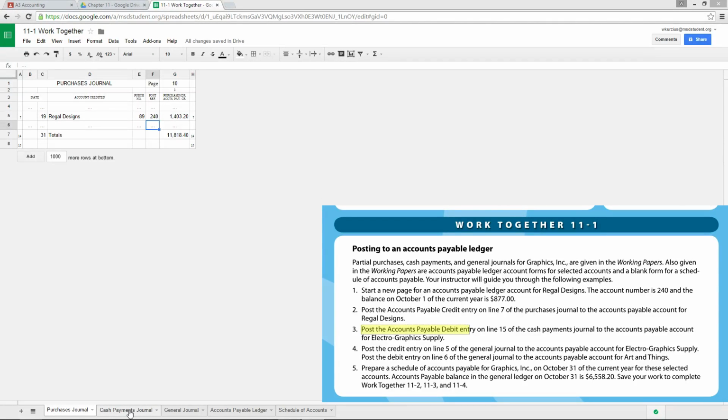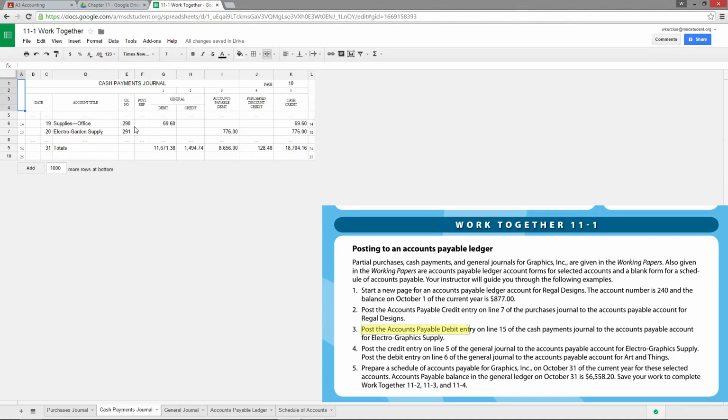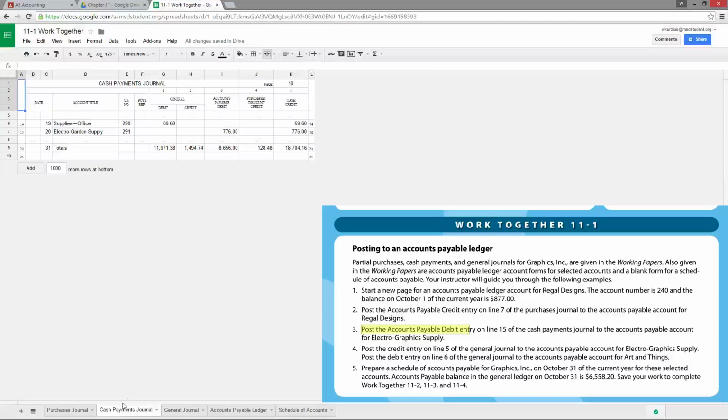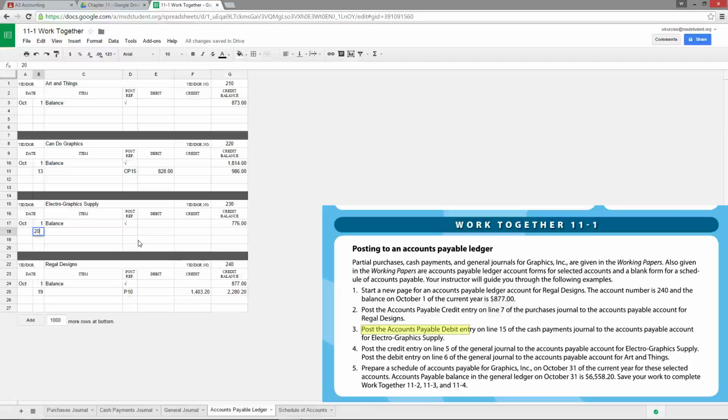So cash payments journal, line 15, Electro Garden Supply, $776 debit. This was on the, I don't remember, and I don't feel like finding it. Oh, it's the 20th. On the 20th, post reference is cash payments journal, and it's page 15, debit of $776.